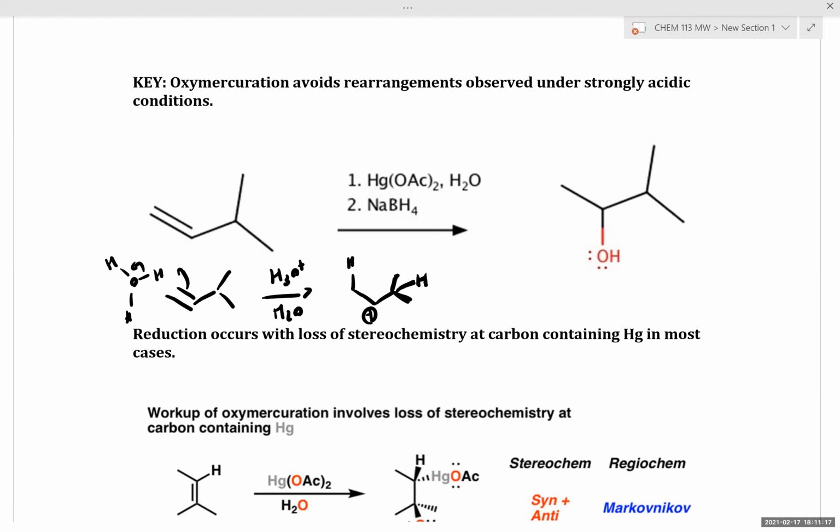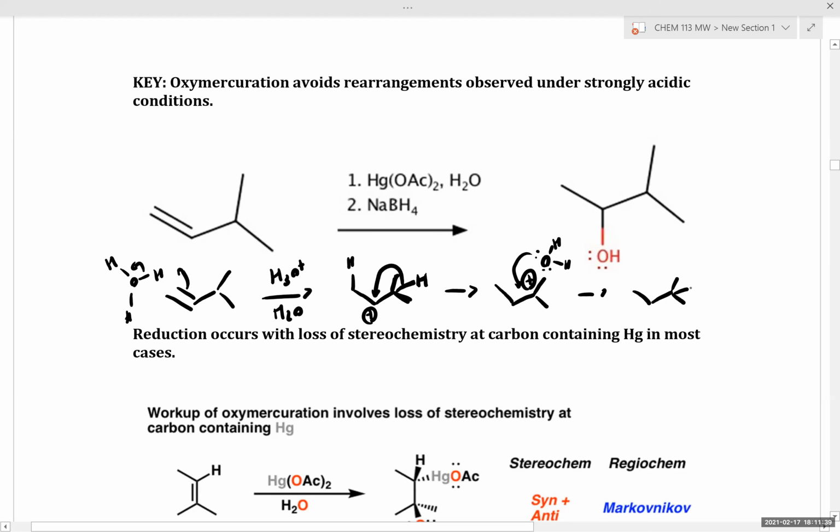Rearrangement and hydride shifts, right? So we can undergo a hydride shift, generate a more stable tertiary carbocation. Water then attacks, and we unfortunately end up with the wrong product. This is not what we want at all.